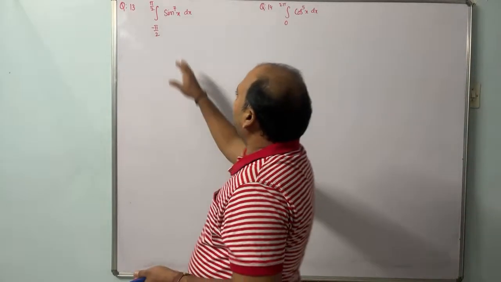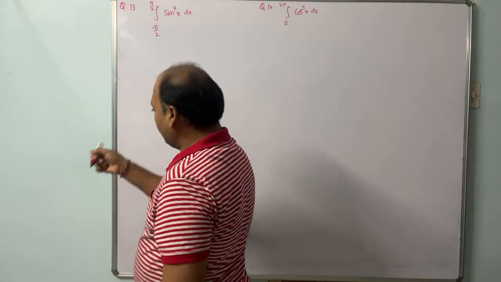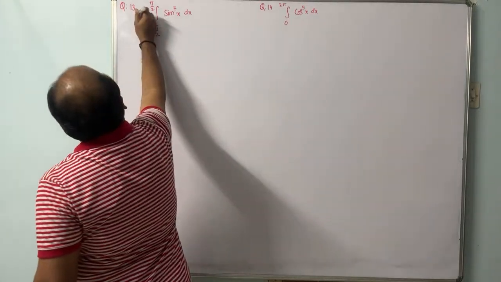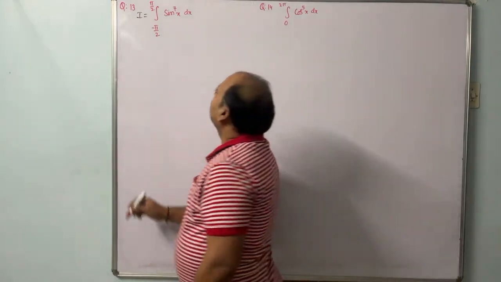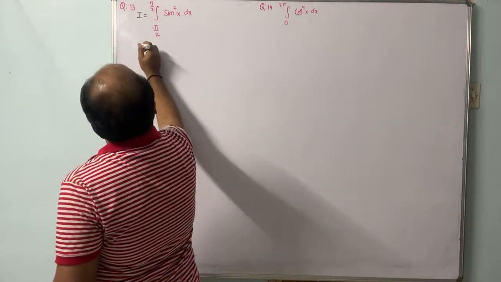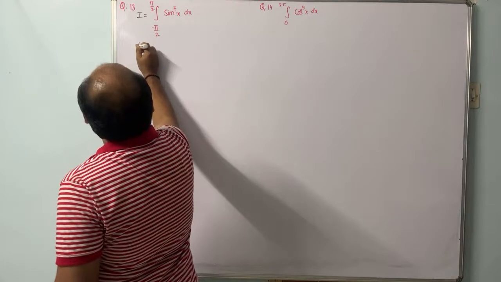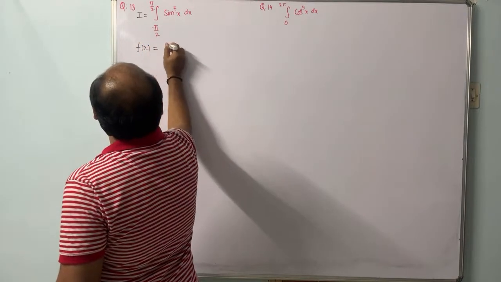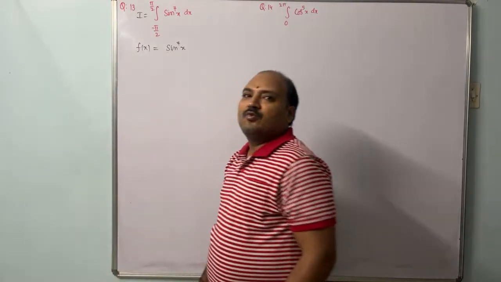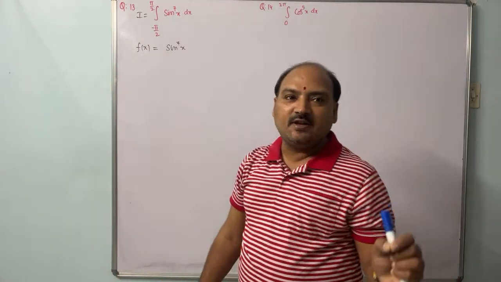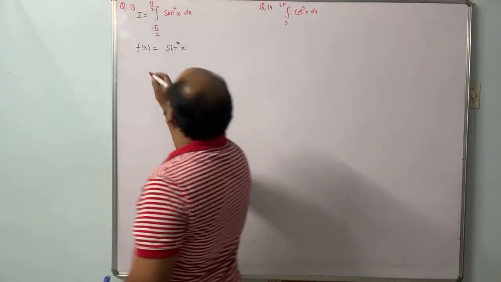So like this, already we've done this type of problem here, students, but still we are doing it. Let us consider the given integral as I. First we need to verify f of x equal to sine power 7x, whether it is an even function or an odd function.